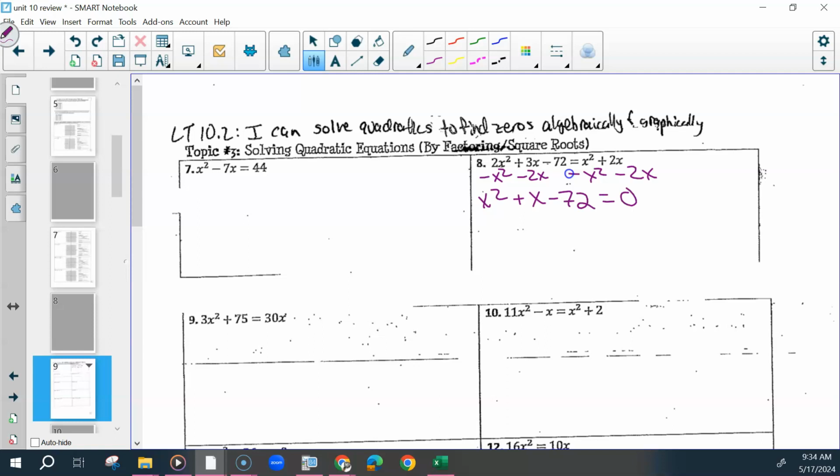Once it's equal to 0, you factor it like normal. So just factor the left side. We're looking for two numbers that would multiply to be negative 72, but add or subtract to be 1.